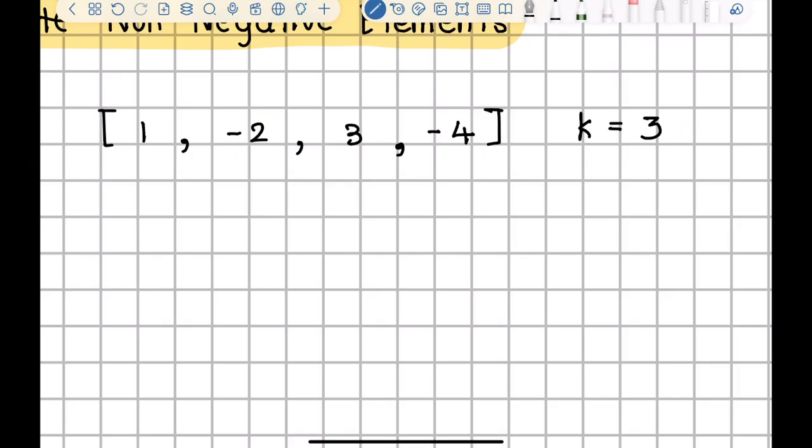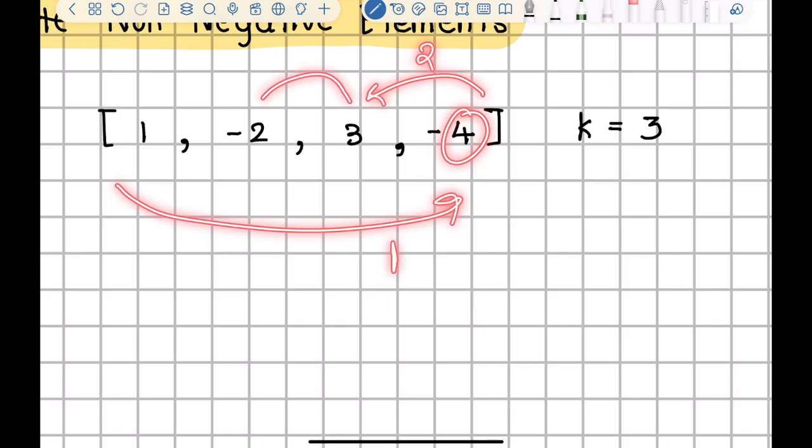So what do we do now? We need to keep them as is. So ideally when we rotate an array, we shift it here. That means 1 will come here, then 1 will come here, then 1 will come here, right? So this happened 3 times. From the first place it went to the last place. This was 1 shift left, then it was 2, then it was 3.